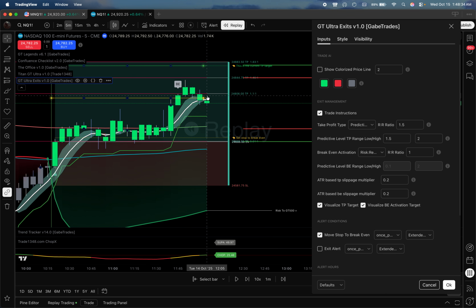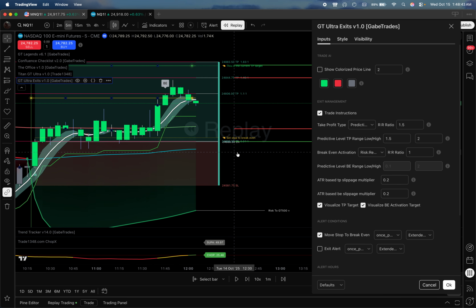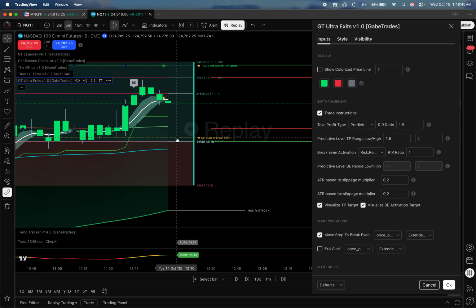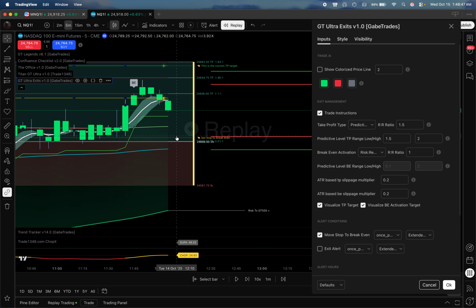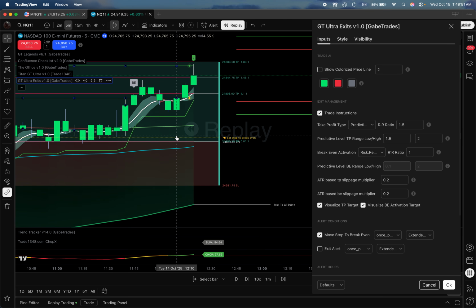So even if price action does not reach that take profit, once it crosses the green line and closes, I'm going to get a signal to get out. But my entry is protected, so I'm not going to lose money on this trade now. Oh, looks like it hit our take profit, so now we got the signal instead.